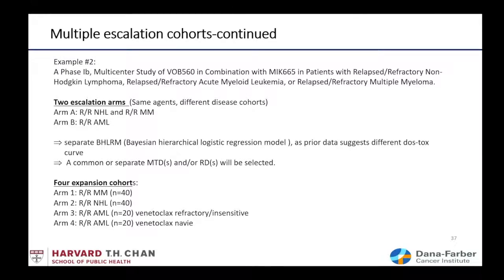They even say that if the data suggests non-Hodgkin lymphoma and multiple myeloma show differences in toxicity curves, they will further divide Arm A into two parallel independent dose escalation cohorts. Again, this protocol also has expansion cohorts to independently evaluate preliminary efficacy data in different disease areas.